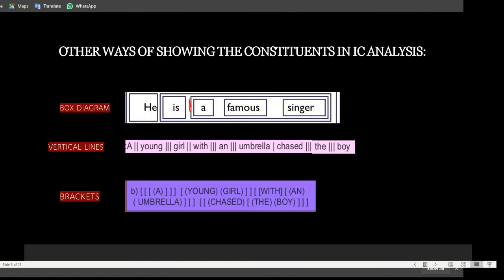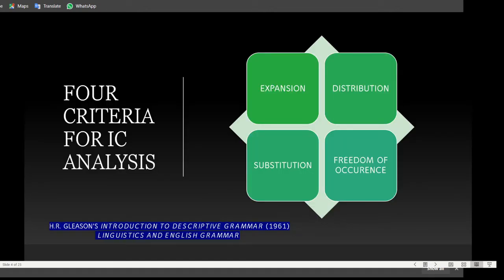Now, a linguist, H. Gleason, who wrote the books Linguistics and English Grammar and also Introduction to Descriptive Linguistics, which he published in 1961, which is a kind of update on Bloomfield's book on structural grammar, suggests a few methods for determining the ICs of a construction.